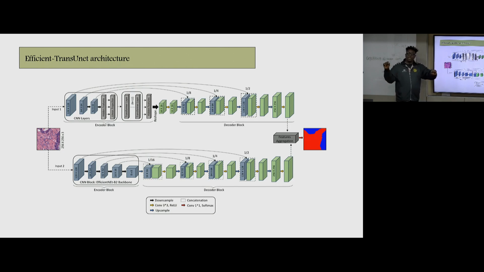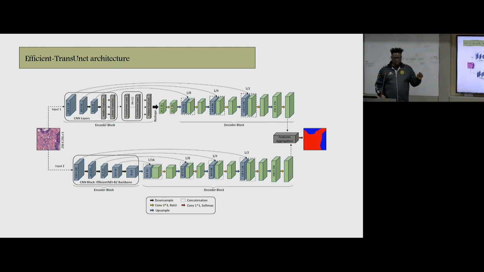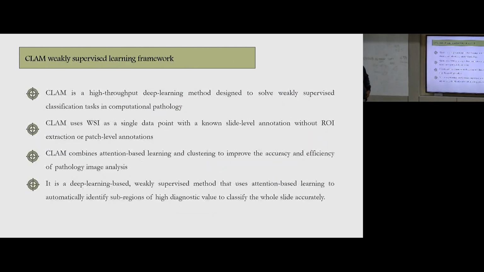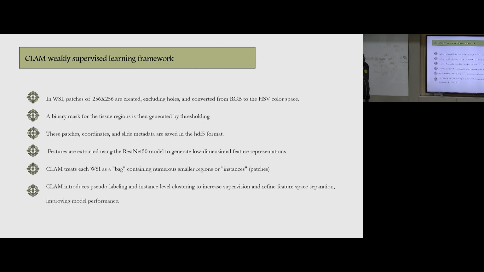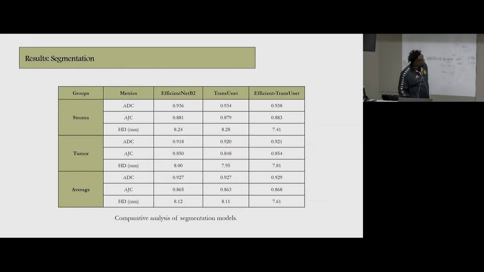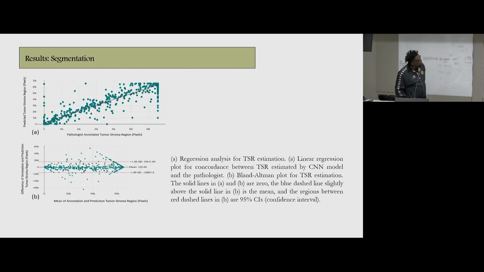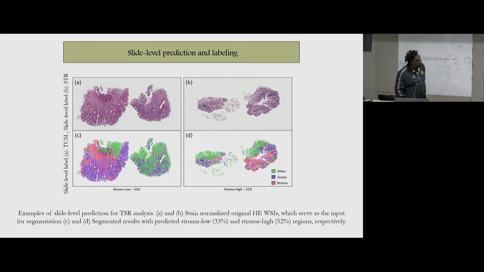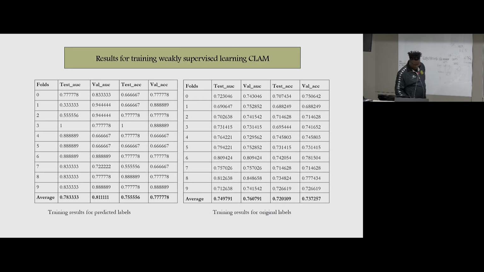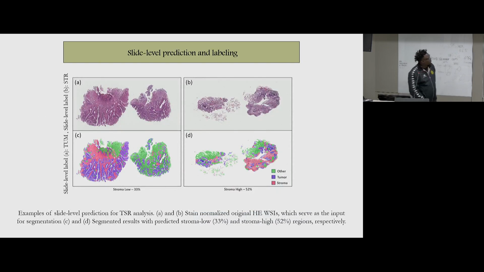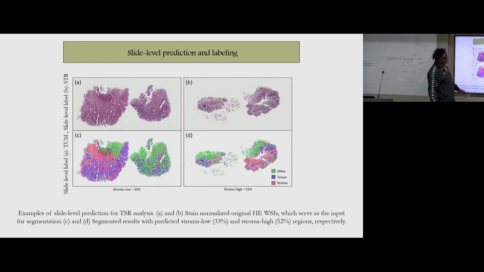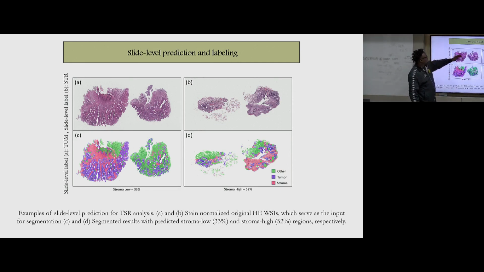So there is EfficientNet and this transformer that were combined to get this one through aggregation. And then after doing this, it's easy to get this kind of prediction. So when I use those models, I can easily do this kind of prediction.